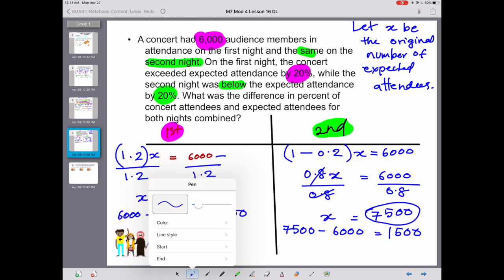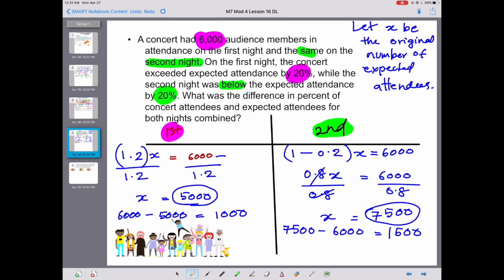So let me get a different color. 5,000 plus 7,500, that's 12,500. And the difference between these two is 1,000 and 1,500, that's 2,500.